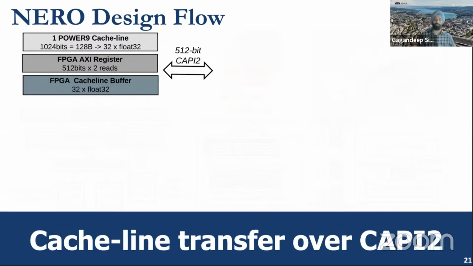And we employ a double buffering technique between the CPU and the FPGA to hide the transfer latency. We configure a buffer of 32 cache lines, because that's the maximum between the AXI and the CAPI2 and the FPGA, so that we can exploit the complete bandwidth of the CAPI2 interface coming from the host side.